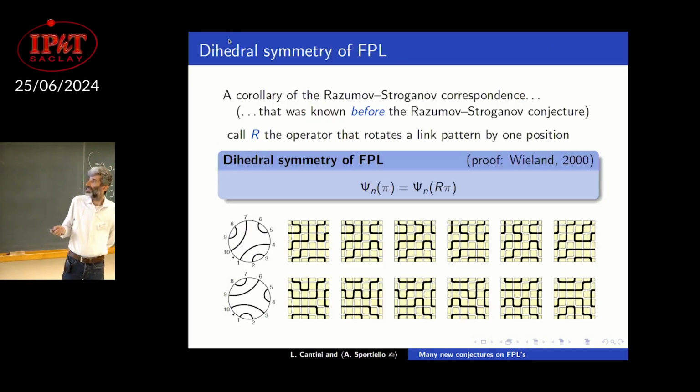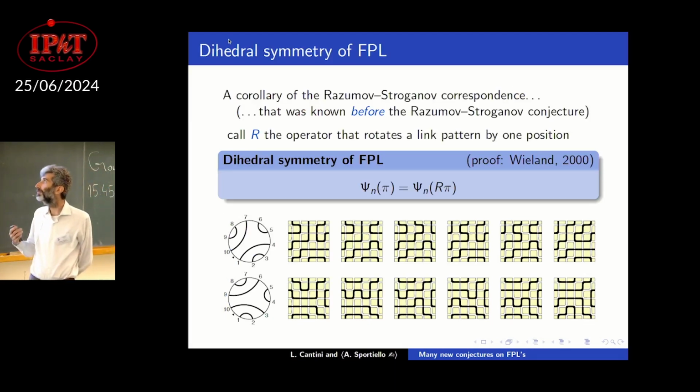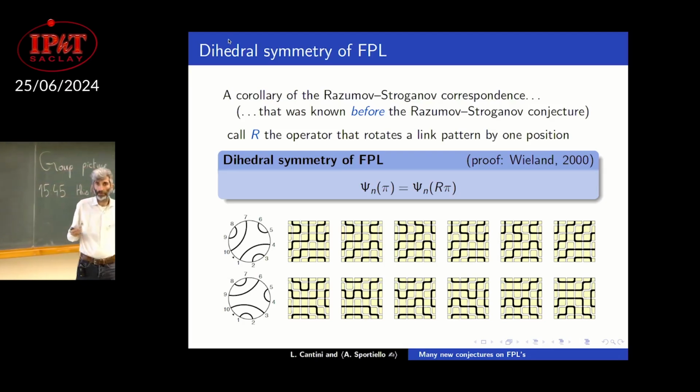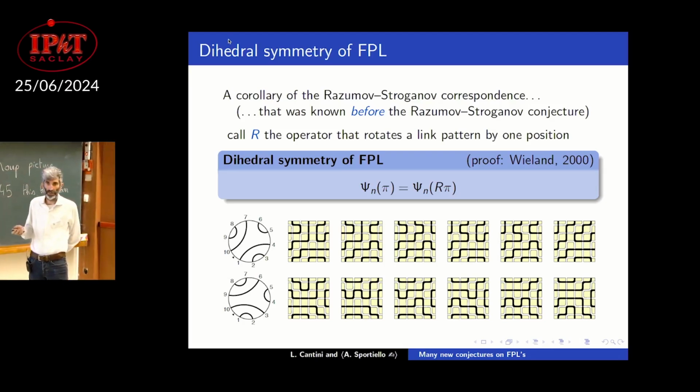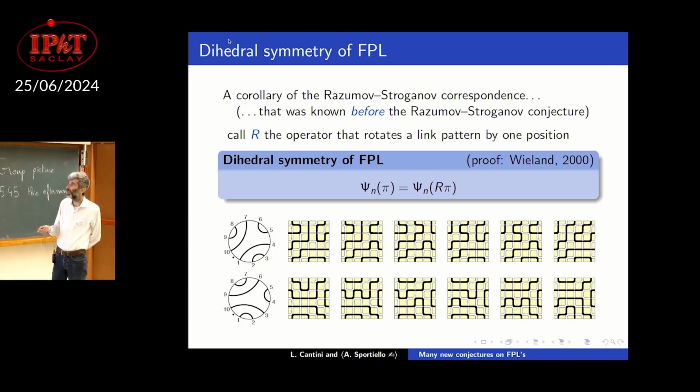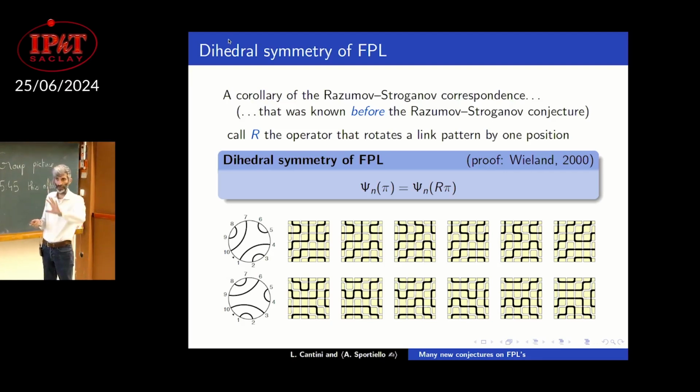So the idea is that there is a dihedral invariance in this problem, which is, in order to be compatible, it must be the case that enumerations of fully packed loop configurations with a given link pattern must be rotationally invariant. There must be as many with a given pi as with the rotated one.